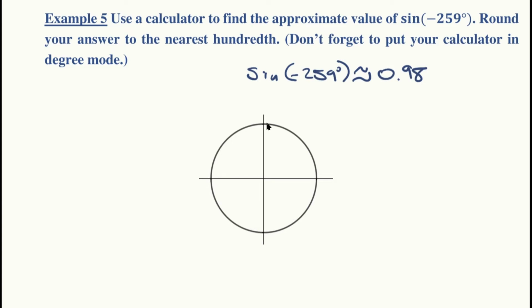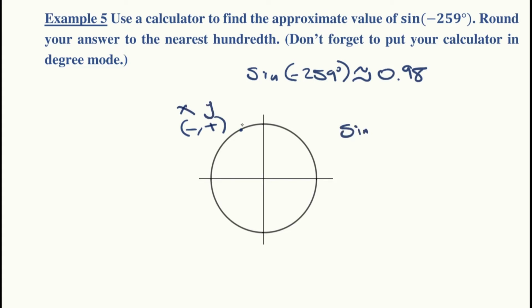If I go all the way here, that'll be negative 270. So negative 259 is somewhere in here. It's a second quadrant angle, meaning the terminal side of the angle is in the second quadrant. So we know that in this quadrant, we're dealing with a negative positive situation. So x is negative, y is positive.